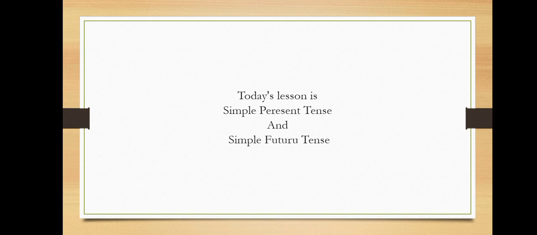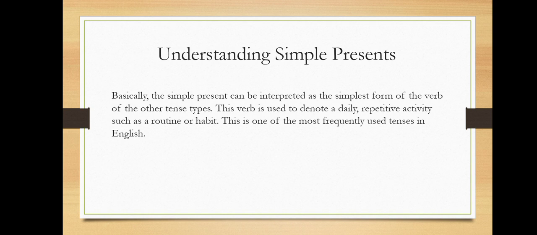Today's lesson is simple present tense and simple future tense. Understanding simple present. Basically, the simple present can be interpreted as the simplest form of the verb among the other tense types.